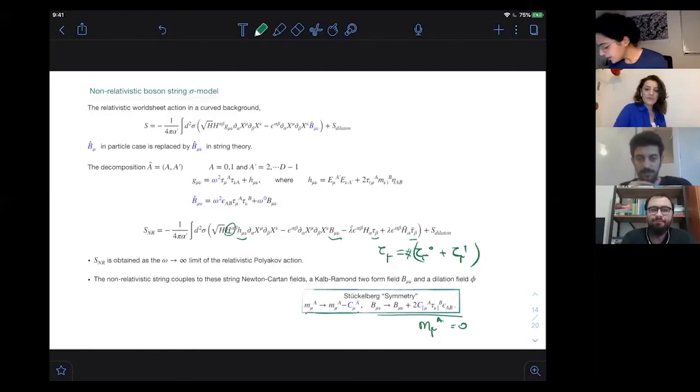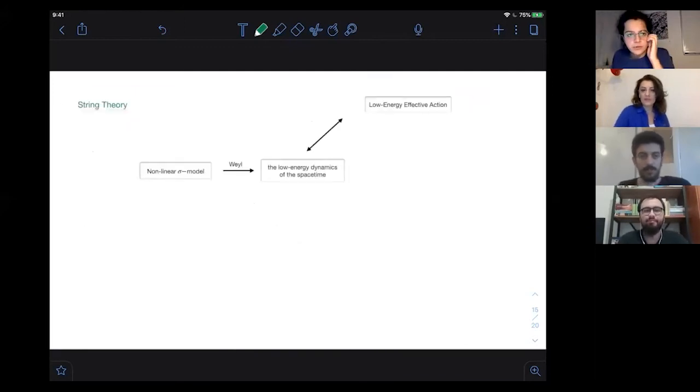Okay, good. So first, let me say a few things about string theory. The nonlinear sigma model is the fundamental object you would start with, and it actually contains much more information than you can imagine.